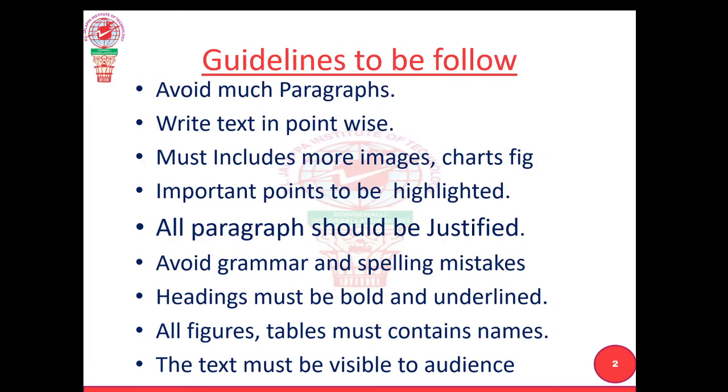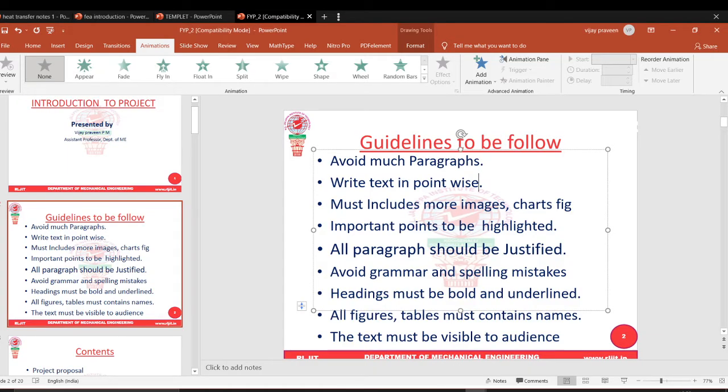Automatically all the points are visible at a time. Instead of that, what I can plan is, instead of revealing all these points at a time, I will explain the first point, then the next point should come, after that the next point. By explaining, they have to be revealed one by one. So like that I will give the animation. Then how to do it? Let me see.